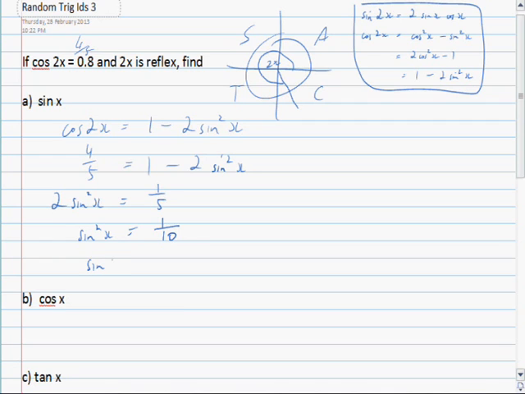So sine x is the square root of 1/10. It's plus or minus. If we're looking at half that angle there, yep, we're probably in the positive section. So I'm going to say it's positive 1 over root 10.